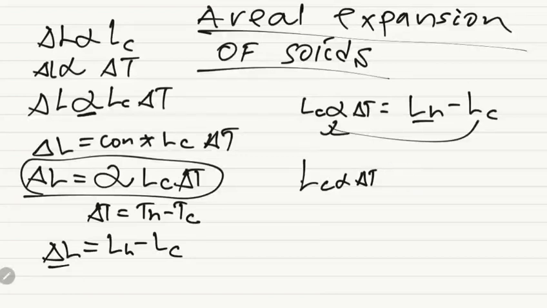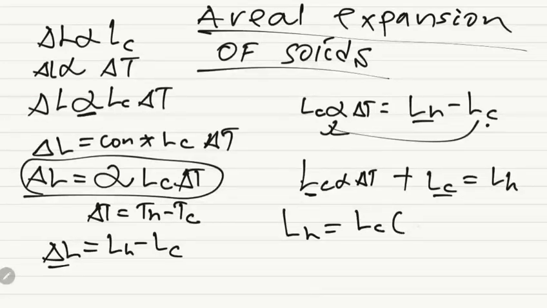plus L_C, and this is equal to the length at the hotter. Taking the common L_C, the length at some hotter temperature is equal to the length at the colder temperature of the same wire times the quantity: the coefficient of linear expansion times the change in temperature, plus 1.